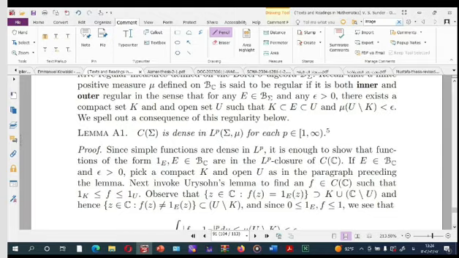But we have this lemma: C of sigma is dense in L^p. It is very, very important. Continuous functions are dense in L^p. We omitted the proof of this. Only please know that the set of all continuous functions is dense in L^p for any p.